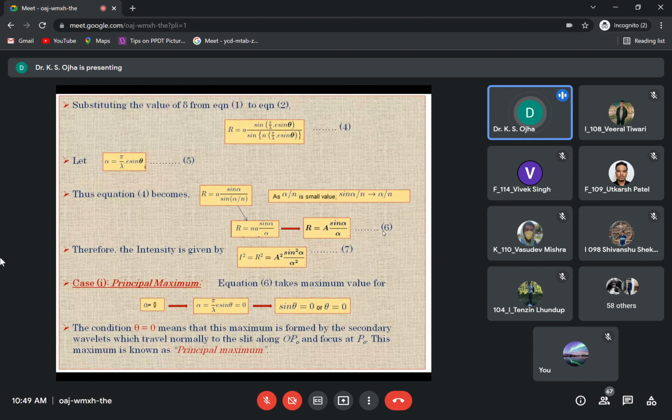Since intensity, there is a mistake here. This is I, not I square. So I will be equal to R squared, and by using this, A squared sin squared α by α squared. So this is the intensity formula. What will be the intensity of the resultant n waves?